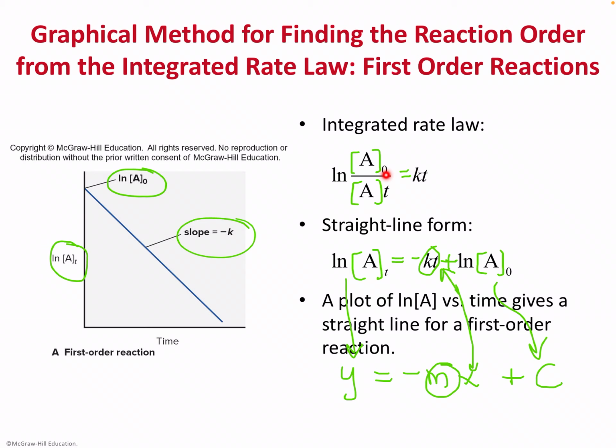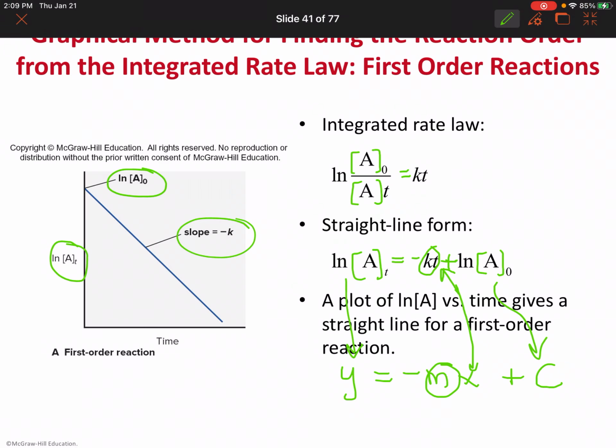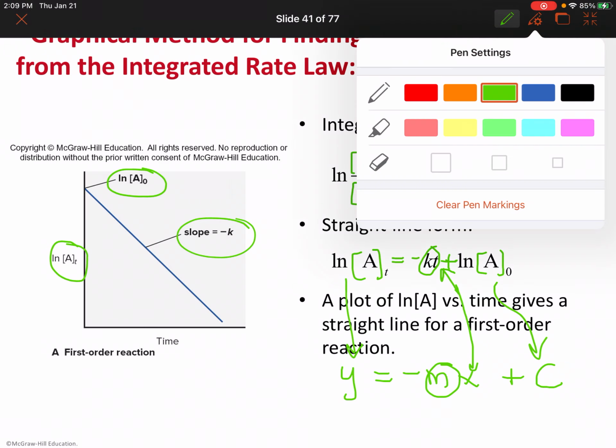Now T half means the time when the initial concentration becomes half. So instead of A naught at a certain time, what we now have is half of A naught. With that in mind, we can calculate what T half is going to be. Let me show you the calculation here.